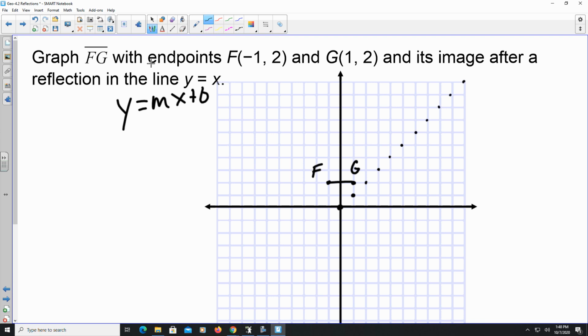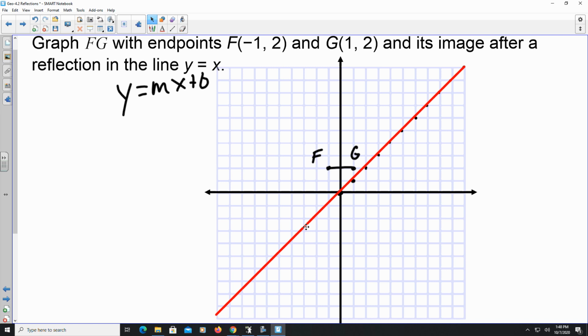I'll make this a red line so we can relatively easily identify what that is. It'd certainly be better if you use a straight edge to show accuracy.